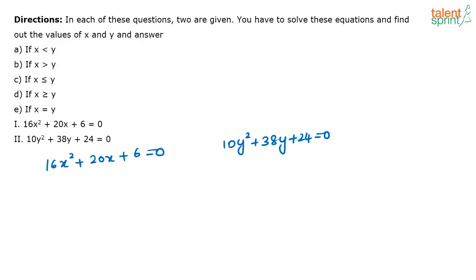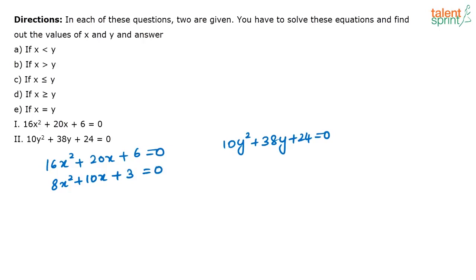If you are able to reduce it further, many times calculations become easier. Here 16x squared, 20, 6, all these are divisible by 2, so you can write it as 8x squared plus 10x plus 6 by 2, that is 3, equal to 0.